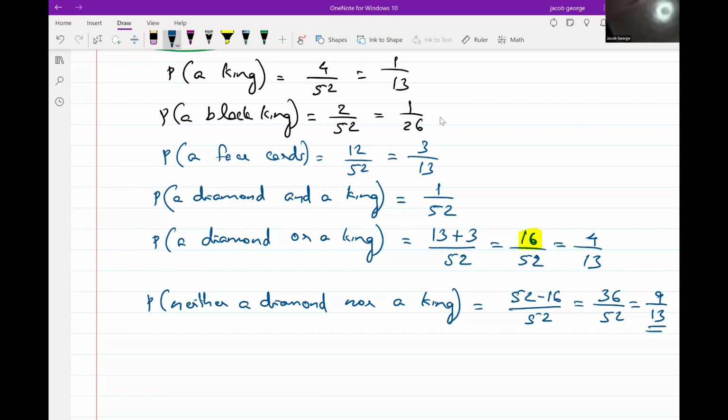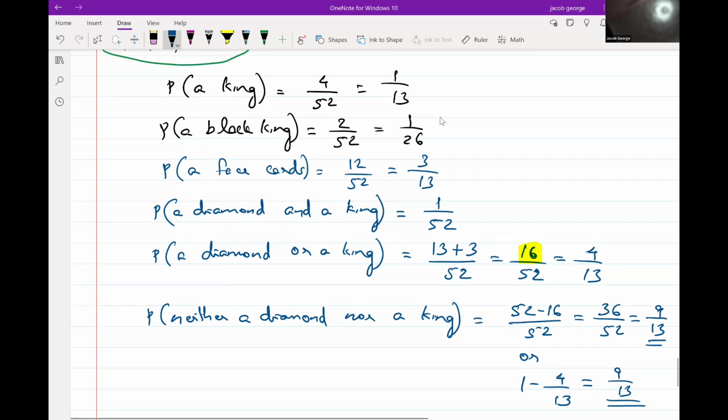The same thing we can calculate as 1 minus 4 by 13, because the total probability is 1. So it is exactly the complement of diamond or a king. 1 minus 4 by 13, you will get the same answer, 9 by 13. Is it clear? So neither a diamond nor a king is exactly the complementary case of diamond or a king.